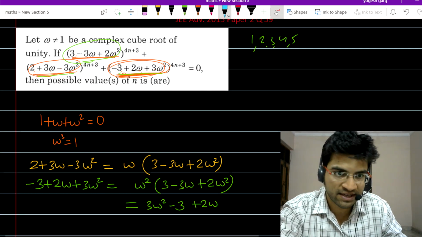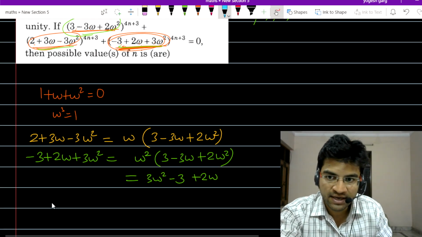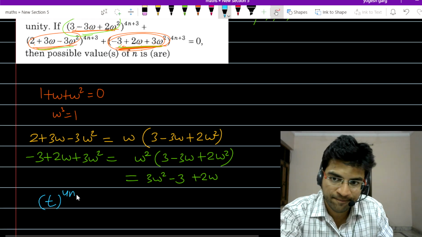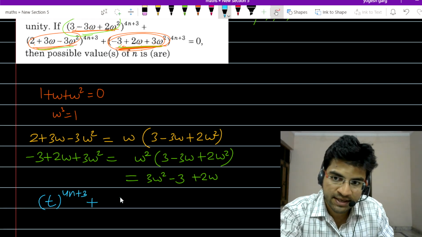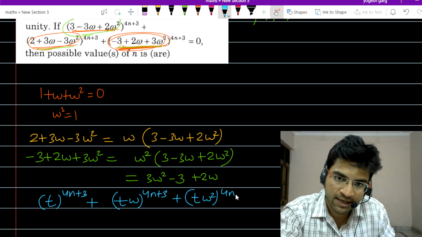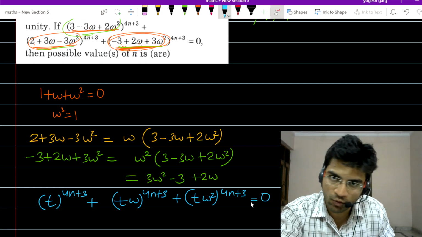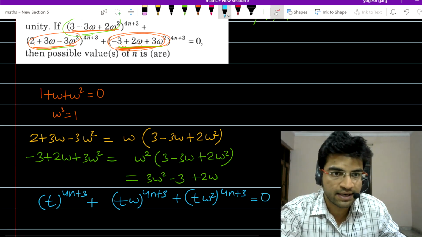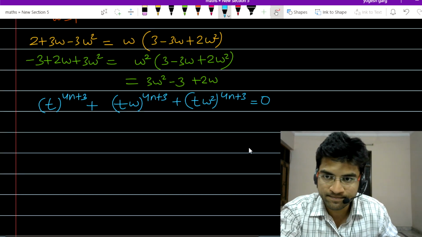So let us rewrite the complete expression. We have t to the power 4n plus 3, plus t omega to the power 4n plus 3, plus t omega square to the power 4n plus 3, and their sum is equal to 0. Take t to the power 4n plus 3 common.